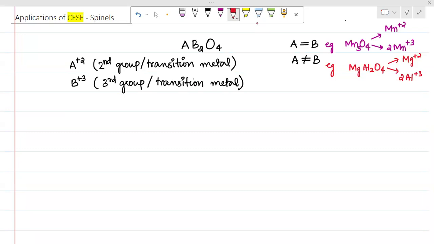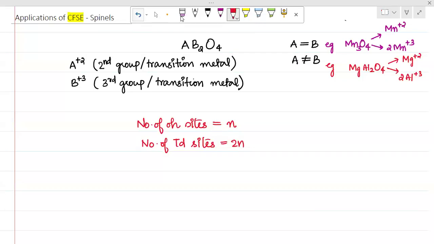Now you will be learning about octahedral and tetrahedral sites, voids in solid state. But for your information, please note it down: if a compound has n octahedral sites, then the number of tetrahedral sites would be 2n.